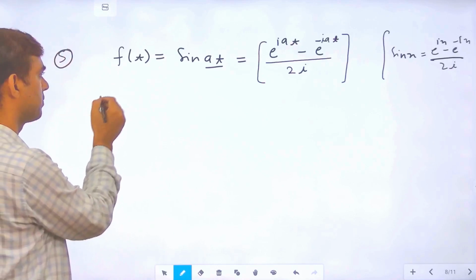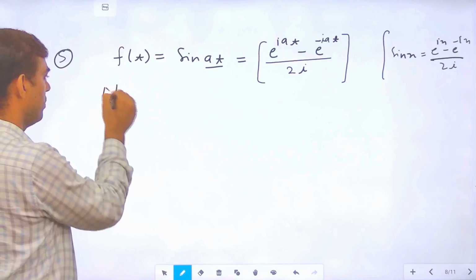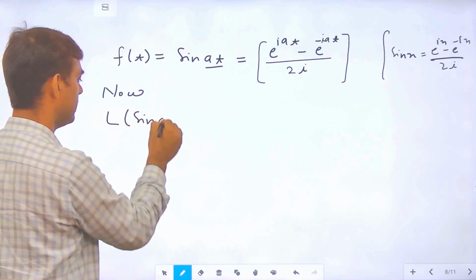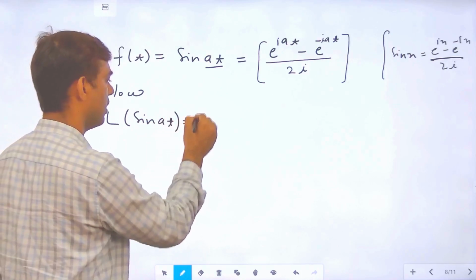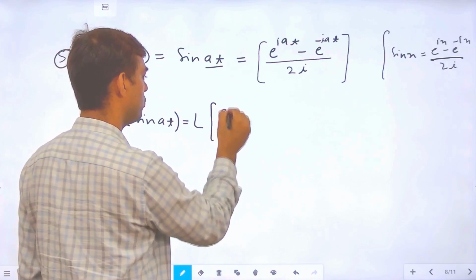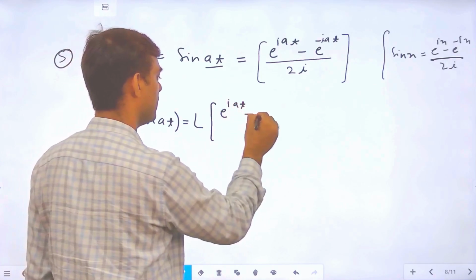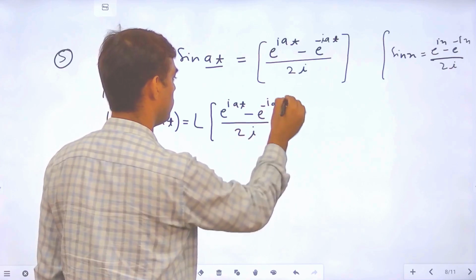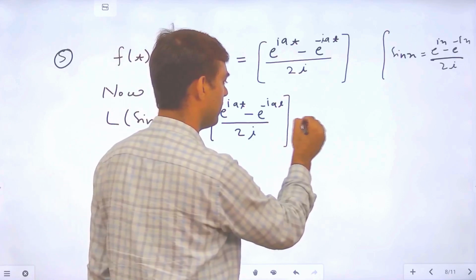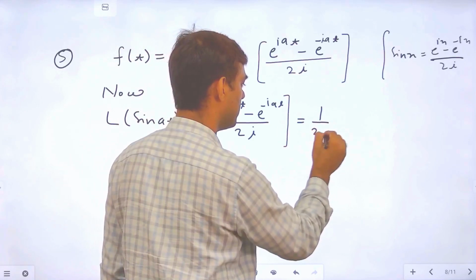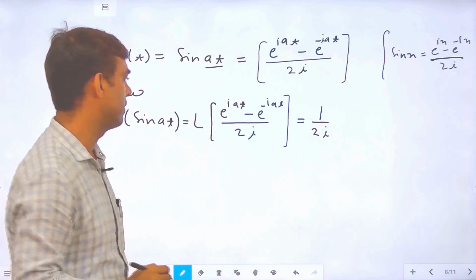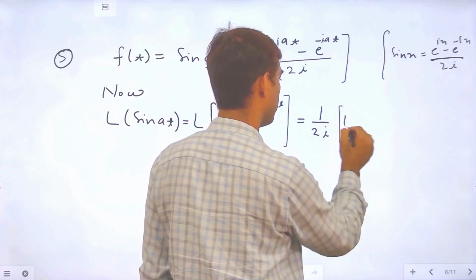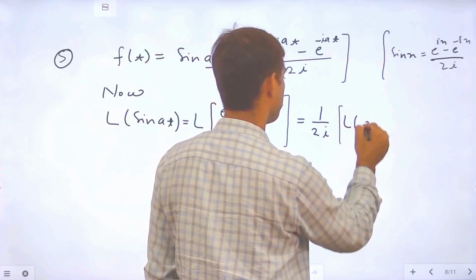So, L of sin at equals the Laplace transform of this expression. 2i is a constant, so we may take it outside the braces: 1 upon 2i times the Laplace transform of e to the power iat minus the Laplace transform of e to the power minus iat.